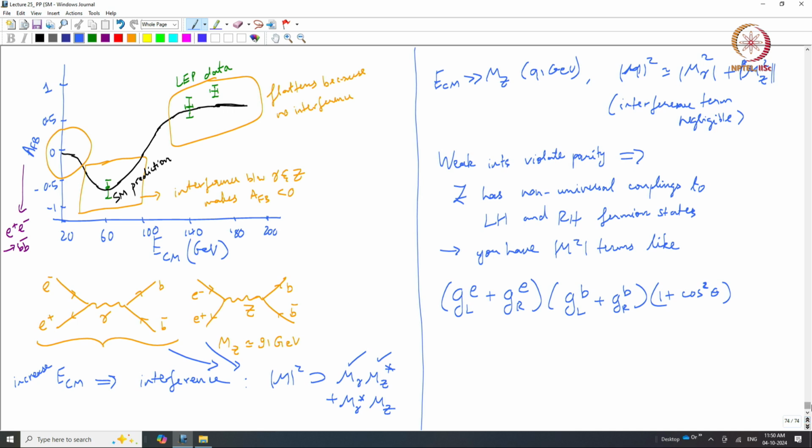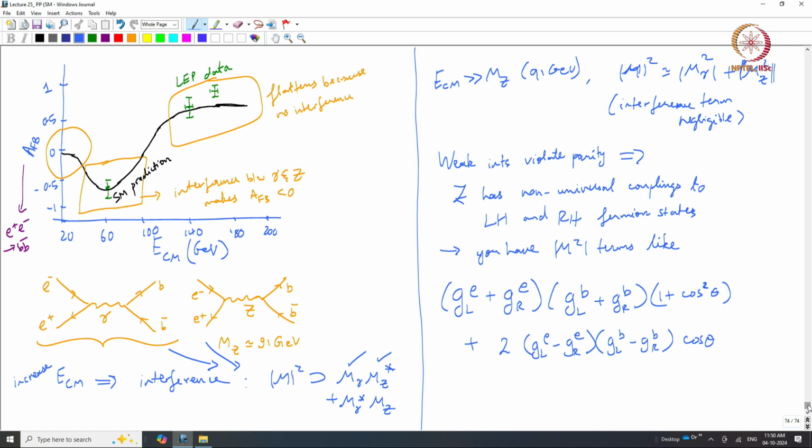And then I have terms like this, (GL minus GR) for the electron, (GLB minus GRB), times cos theta.